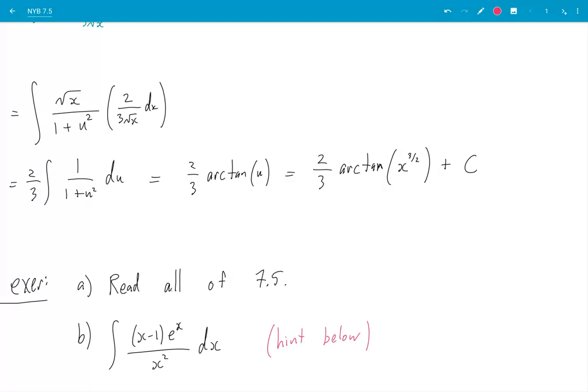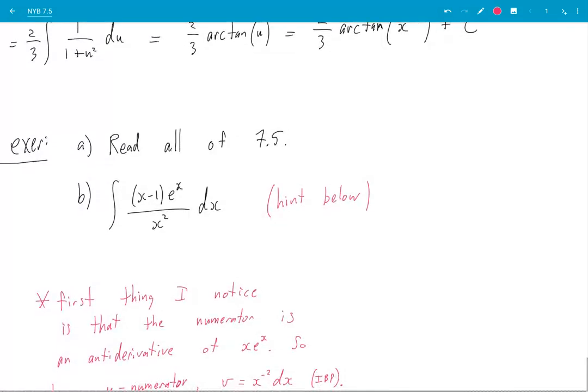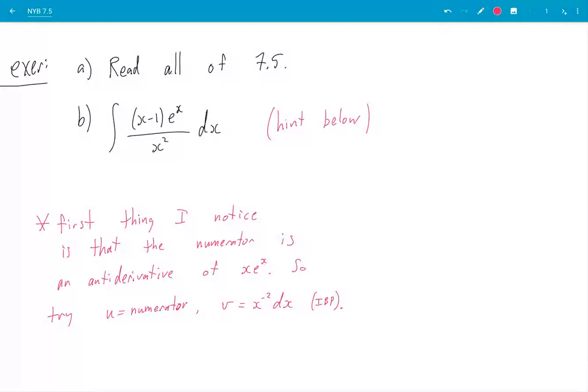So you may want to try that. I'm going to show you the hint in a second. So here's my hint here. It's difficult. It's difficult. You have to notice something about the numerator, and it motivates what you do next.